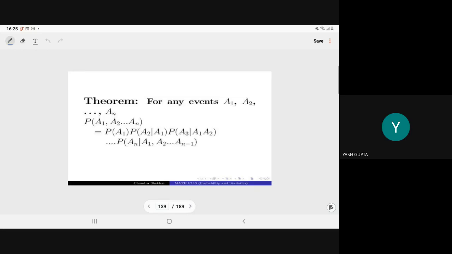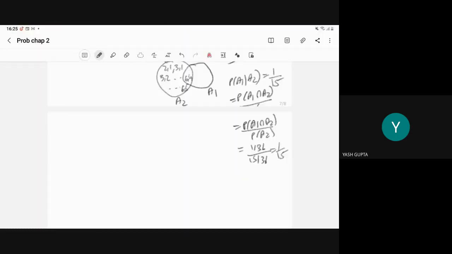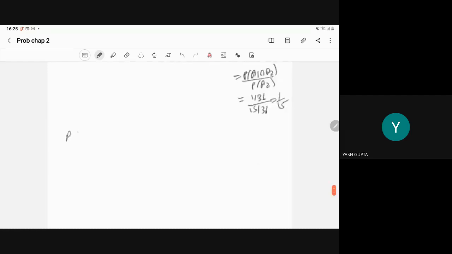Now from here we can generalize this multiplication theorem for n events. For any events A1, A2, ..., An, what is the probability of the occurrence of all events? If you have to compute the probability of occurrence of all events, it means probability of A1 intersection A2 intersection A3 intersection ... An minus 1 intersection An.